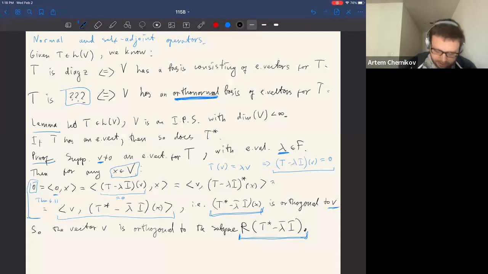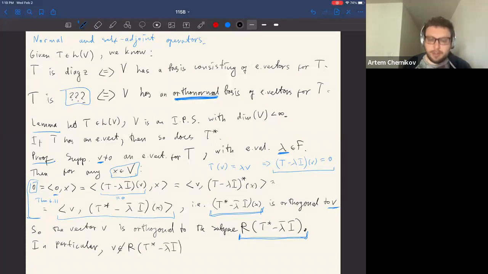All right. So in particular, we have that v is not an element of the range of this linear operator, because v is a non-zero vector, and a non-zero vector cannot be orthogonal to itself.